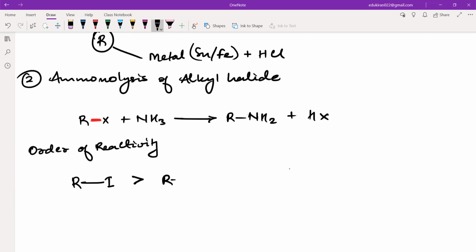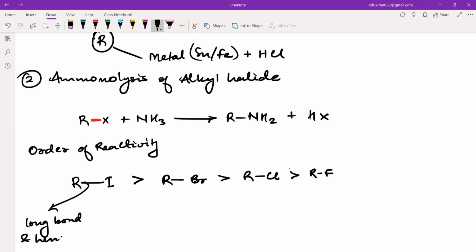Then you have RBr, followed by RCl, followed by RF. So RI is a long bond and hence weak, so it is easily broken. Is this clear? Yes or no? Please tell me.